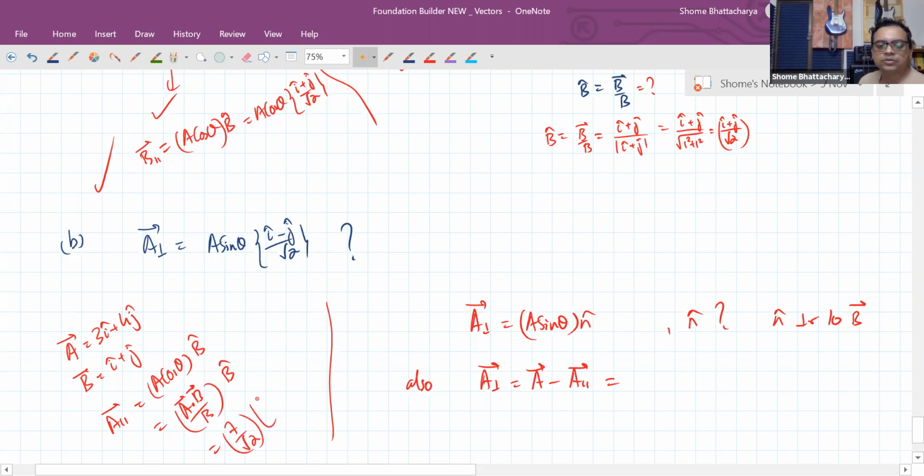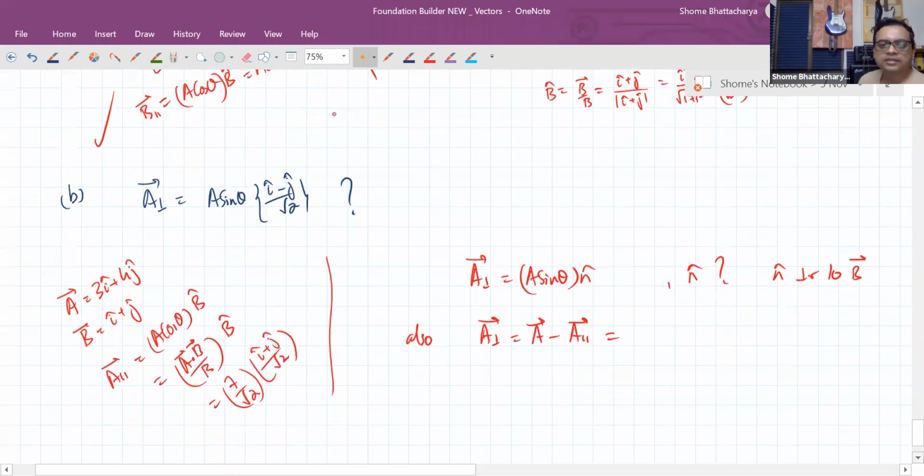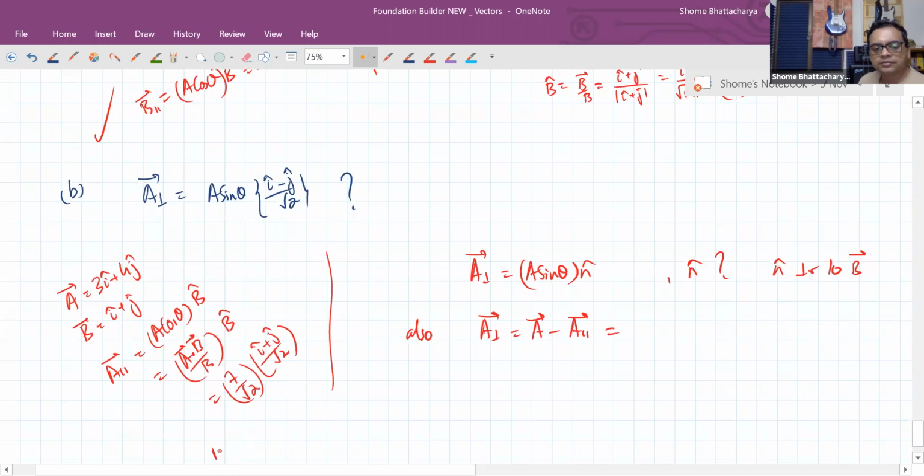B's magnitude is root 2, and just now we had seen that this unit vector is this. So we can write the parallel component as 7 by 2 I cap plus 7 by 2 j cap. So this is the parallel component in numerical form.